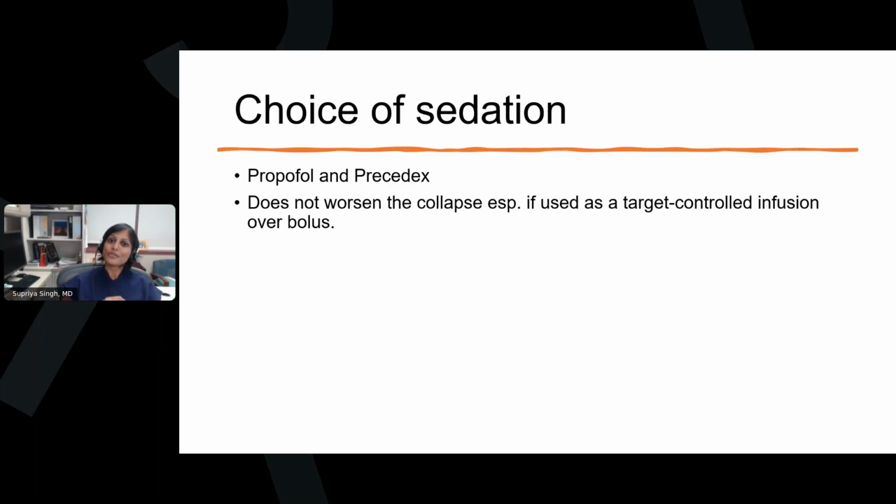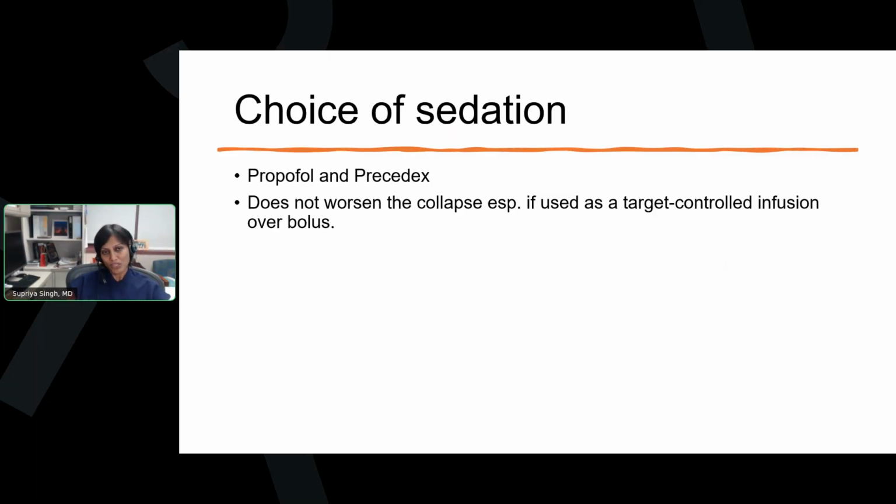Back in the days, the choice of sedation used to be Versed or midazolam, but it was found that it resulted in a lot of false collapse of the upper airway. Additionally, it took a long time to recover, and with OSA patients, because it is an outpatient procedure, we would want them to be discharged by mid-afternoon, and with midazolam, that was a problem.